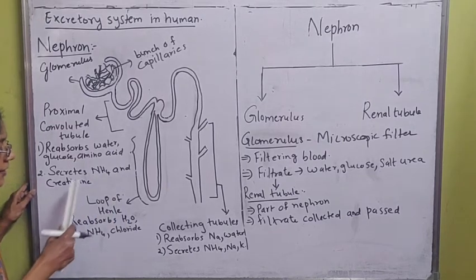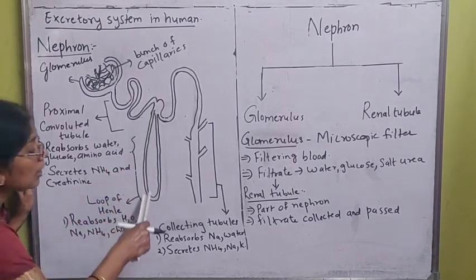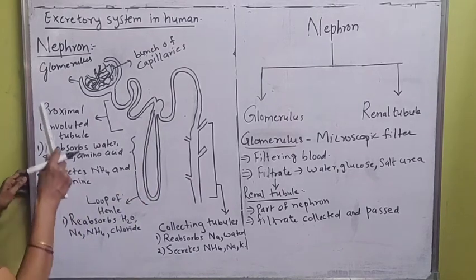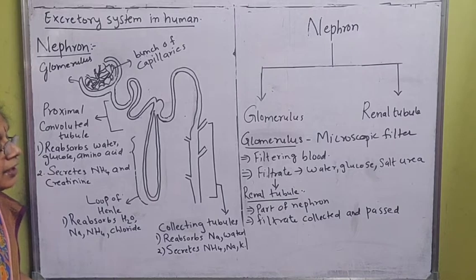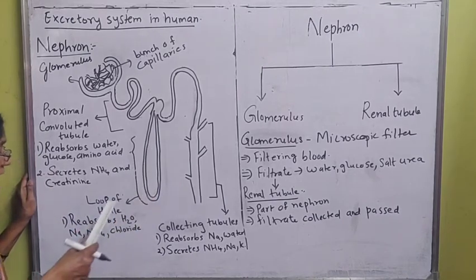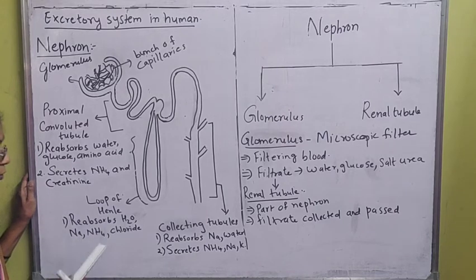and creatinine. Then further you can see a loop-like structure which is called the loop of Henle. Whatever water content is still left in the blood will be absorbed by the loop of Henle, and sodium, ammonium and chloride are also absorbed by the loop of Henle.